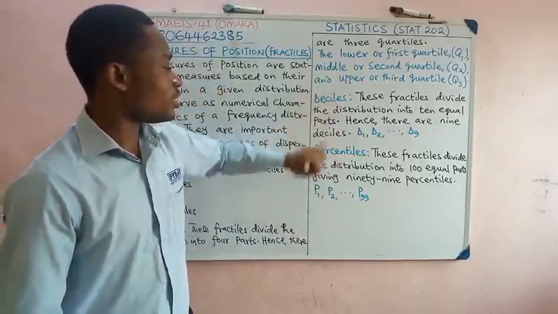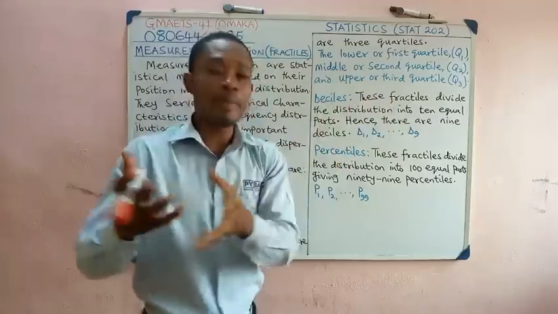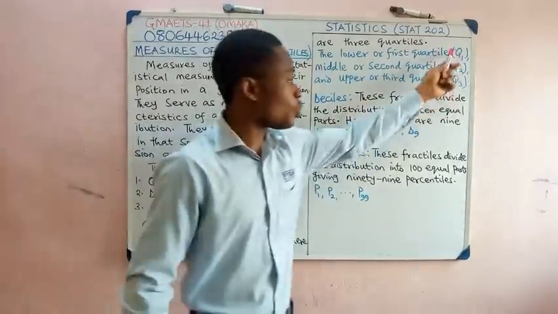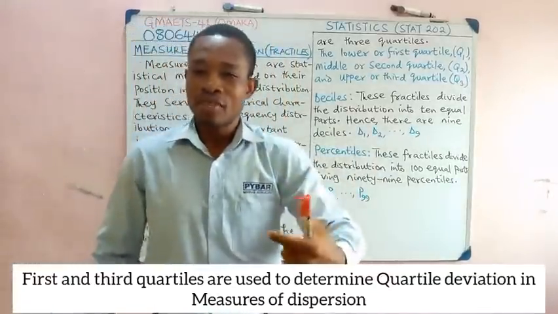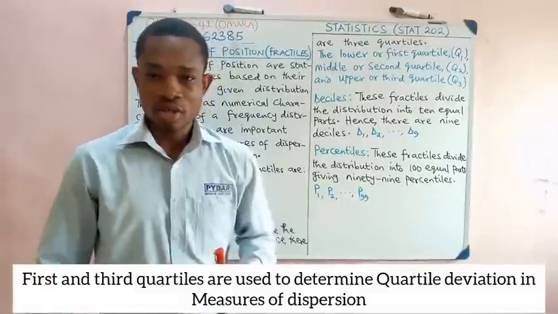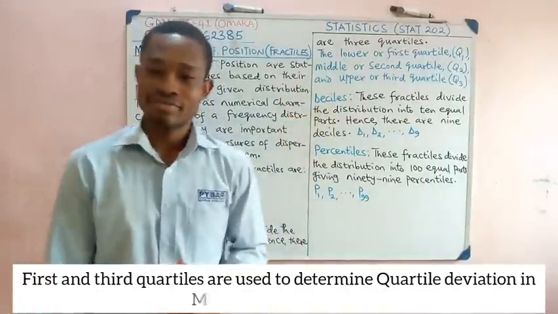Next, we want to look at the deciles, but before then, let me quickly state that because of their use under measures of dispersion, Q1 and Q3 are very important, because we use them to determine the quartile deviation.